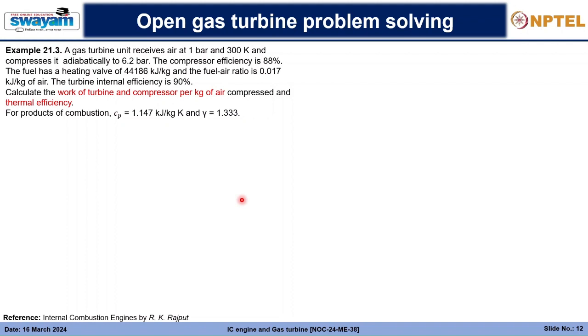The turbine internal efficiency is 90%. Calculate the work of turbine and the compressor per kg of air compressed and the thermal efficiency. For products of combustion, Cp equals 1.147 kilojoule per kg Kelvin and gamma equals 1.333. That is for the combustion process, and for air I guess we have to use the same values, gamma is 1.4 and the Cp value is 1.005.